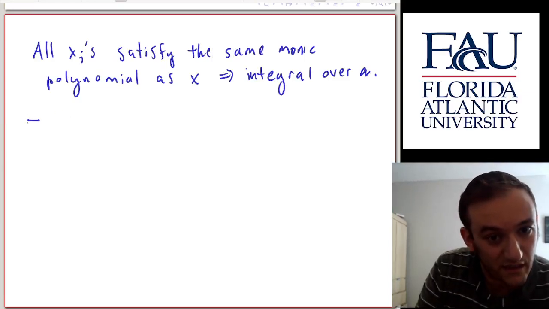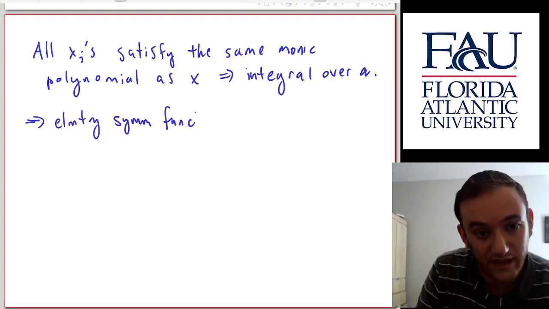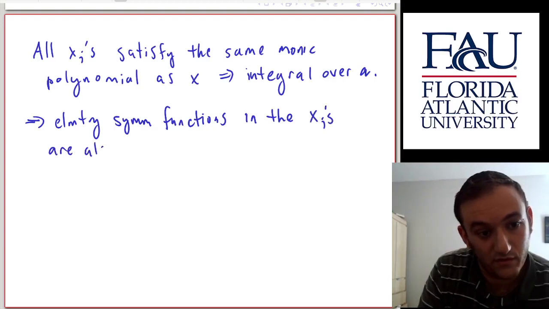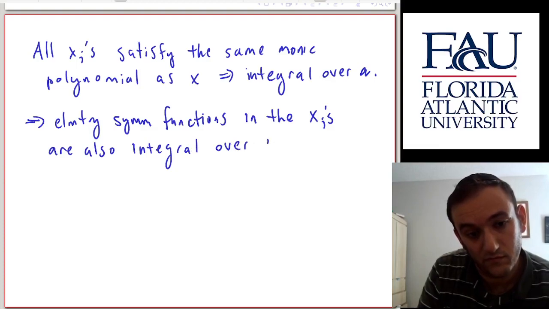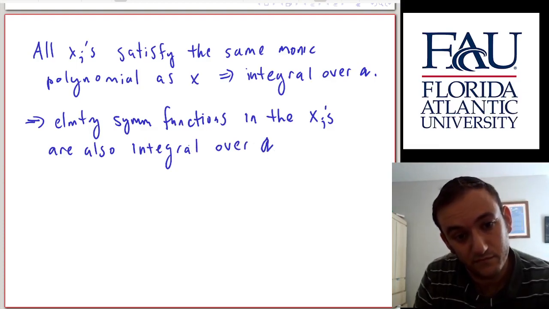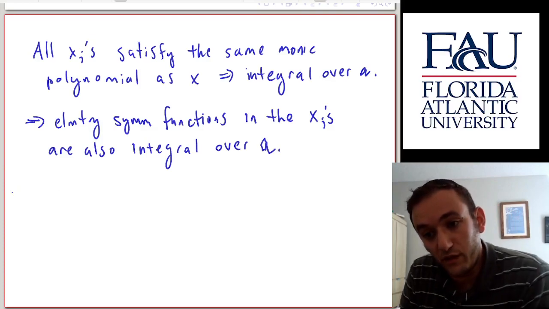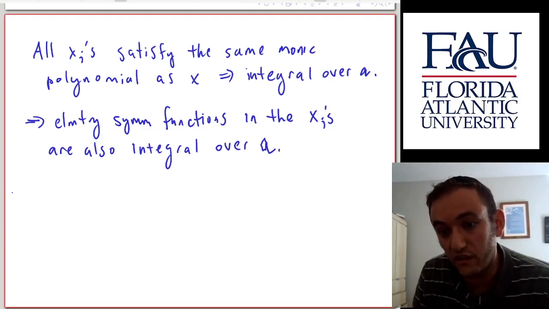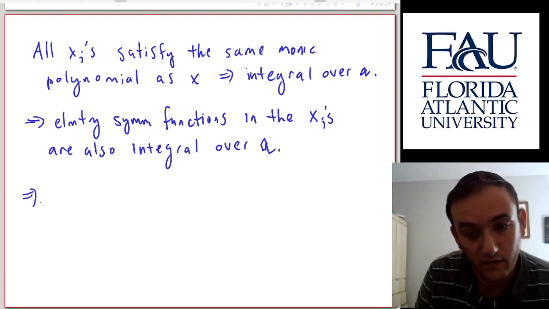So that means that the elementary symmetric functions in the xi's are also integral over A. But we know that the integral closure of an ideal is going to be given by the radical of that ideal.